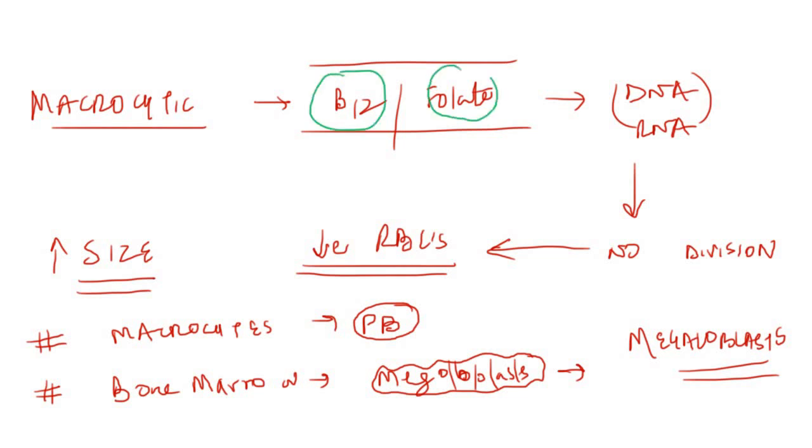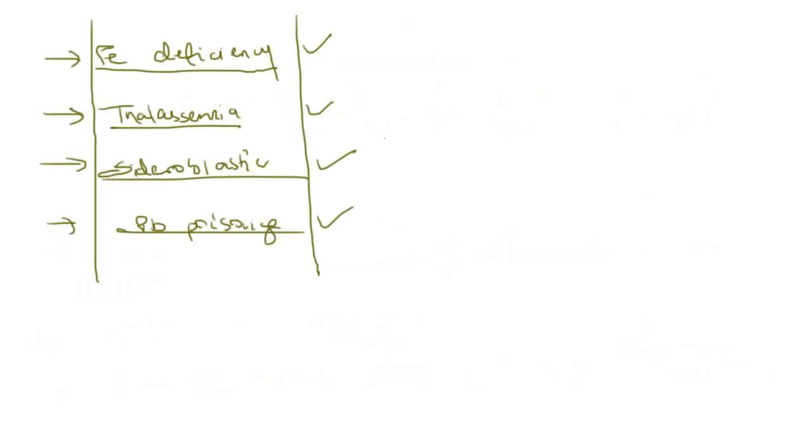So B12 deficiency and folate deficiency are the two causes of macrocytic anemia. Now I will go deep into how B12 deficiency occurs and how folate deficiency occurs, but this is just an overview, right? So I will go to that slide where I talked about the causes of microcytic anemias. These were the causes of microcytic anemia.